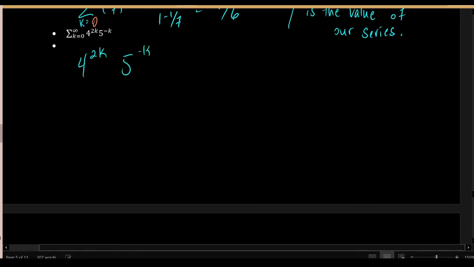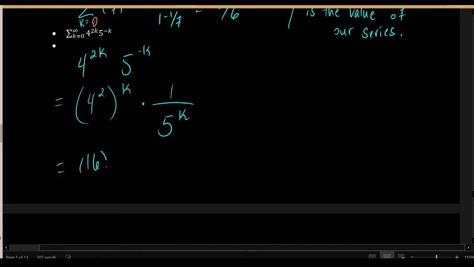I'm going to use some exponent formulas here. First of all, I'm going to use the fact that 4 to the power 2k is equal to 4 squared separately to the power k. I'm also going to use the fact that 5 to the power negative k is the same as the reciprocal of 5 to the power positive k.